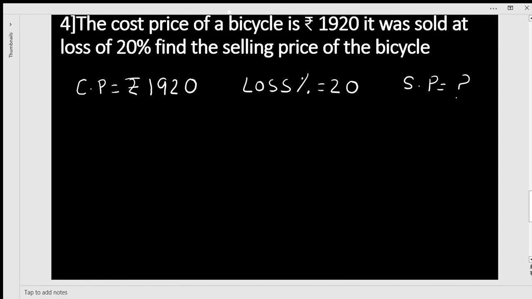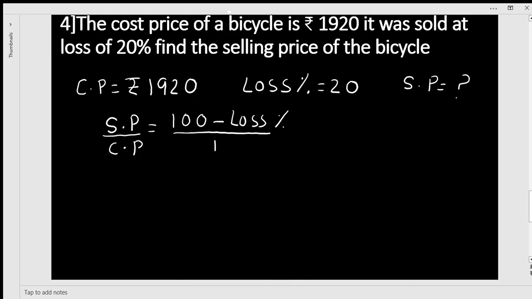What is the formula? Formula is selling price upon cost price is equal to, since it is loss, 100 minus loss percentage upon 100, correct? Let us substitute the values.